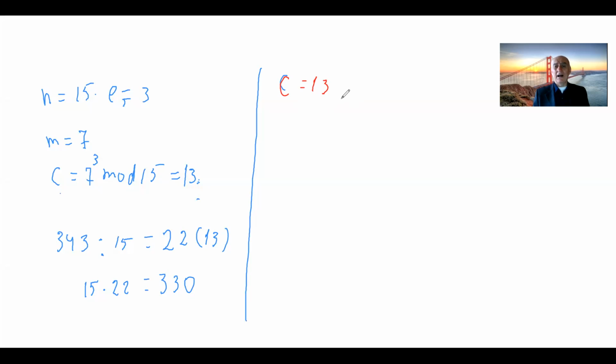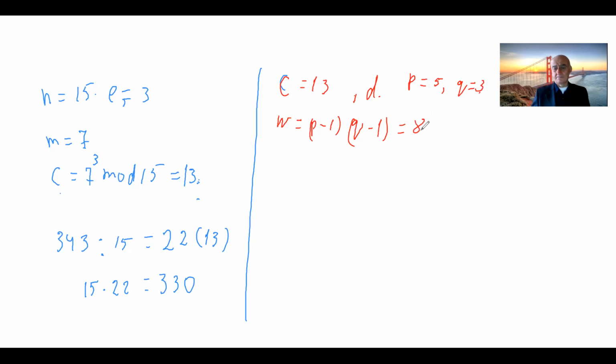To decrypt, Alice wants number D. So Alice needs to find W, and in this case, Alice knows P, it's 5, and Alice knows Q, it's 3. So W here is (P minus 1) times (Q minus 1), and it's going to be 4 times 2.